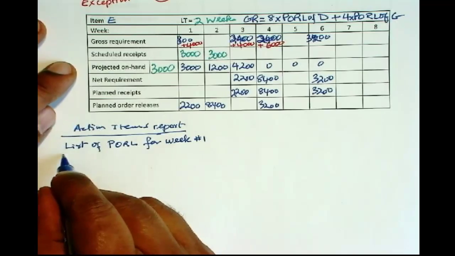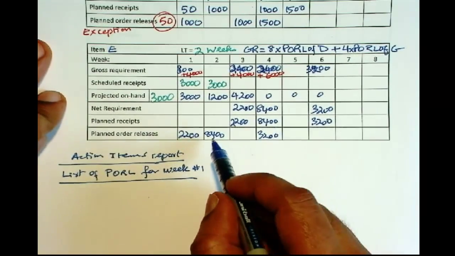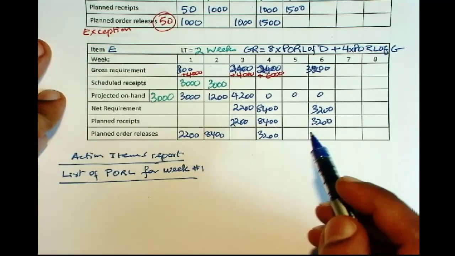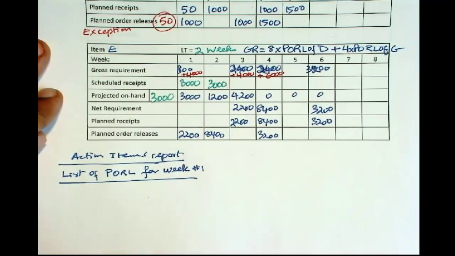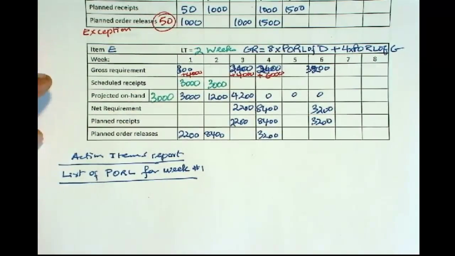So those are the orders that must be placed right away. The ones in the future, in week 2, week 3, week 4, we have to plan for them, but they are not action items right now. The ones in week 1 must be ordered right this week. So let's look at what those are.